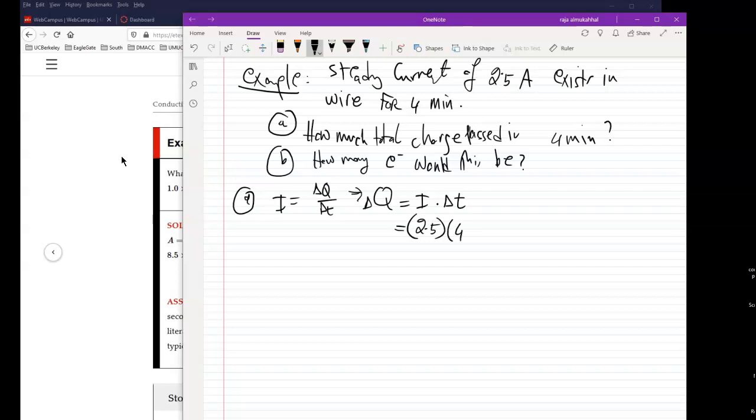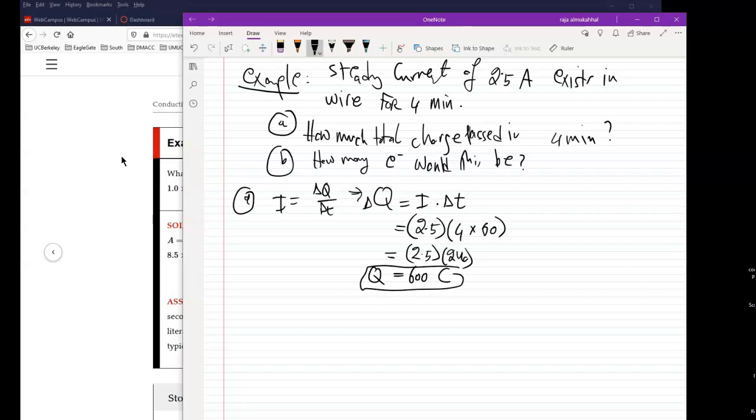Of course, convert it to seconds, so that's times 60 seconds. That is 240, so 2.5 times 240 gives me 600 coulombs. Okay, that's a lot of coulombs.